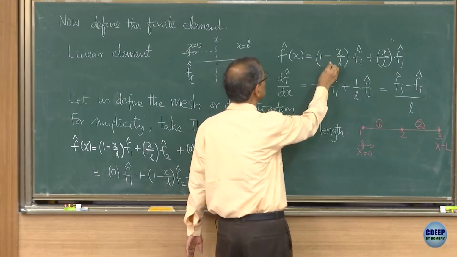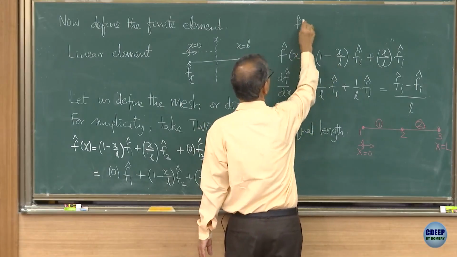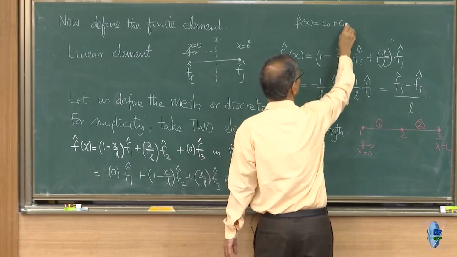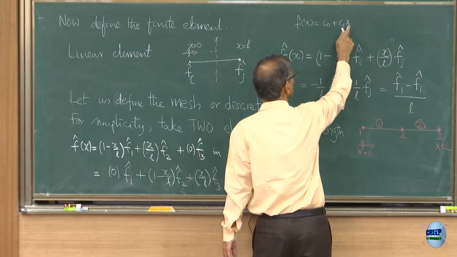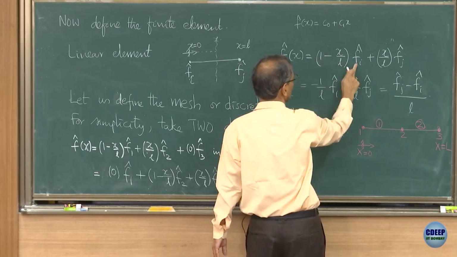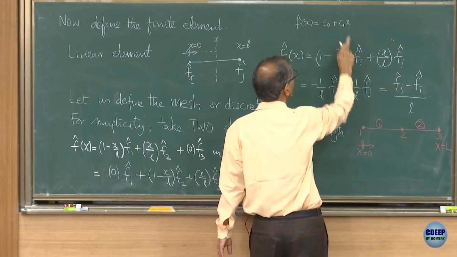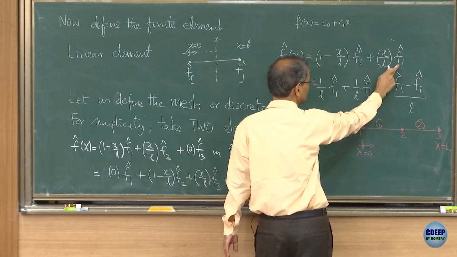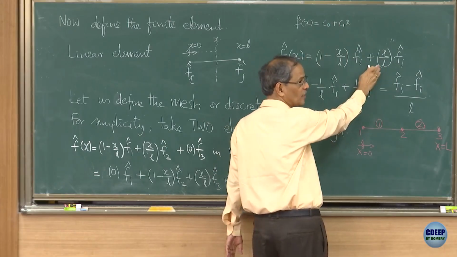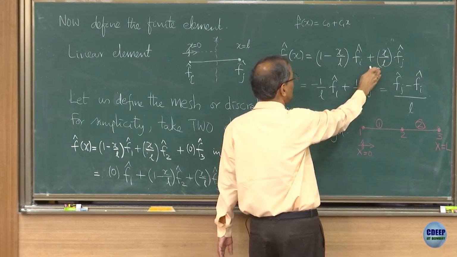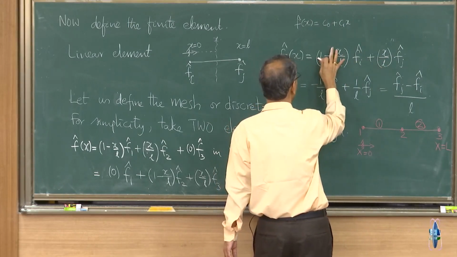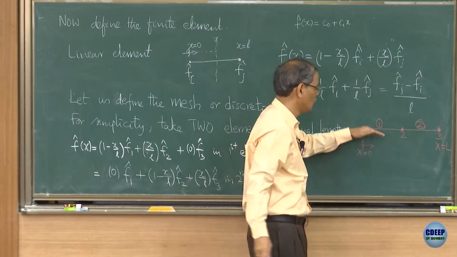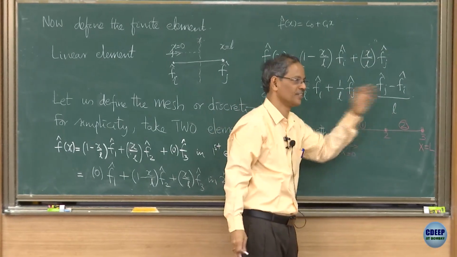Correct. So I am assuming that f hat of x is, say, a linear function, C0 plus C1x. Then at x equal to 0 in the element, it should be equal to f1 or fi. At x equal to small l, it should become equal to fj. So I get this when I substitute. Okay. So this is clear. Now I have a mesh of 2 elements or 20 elements or whatever.